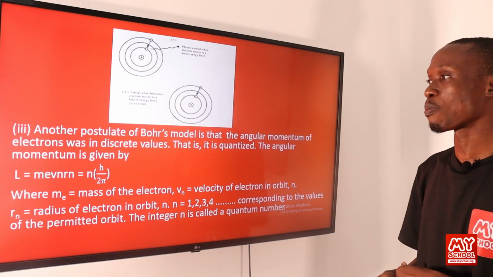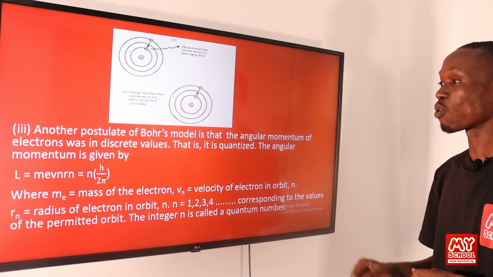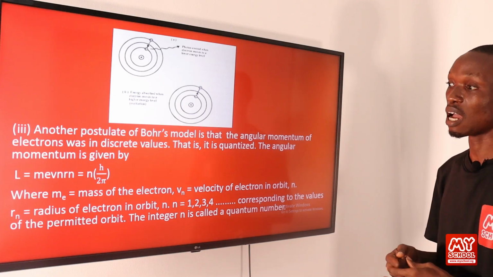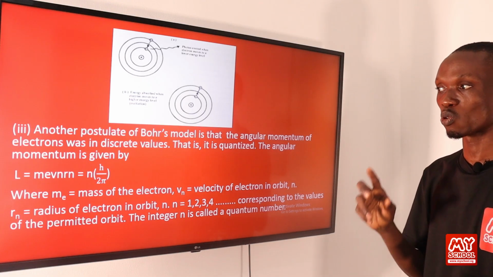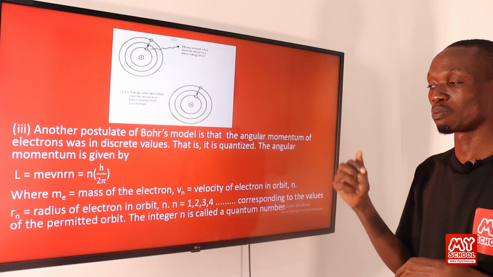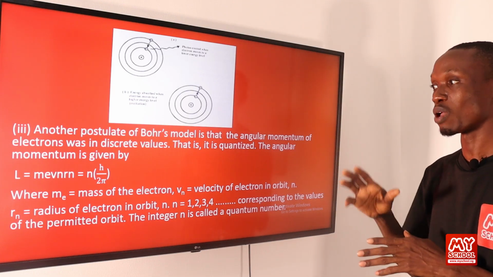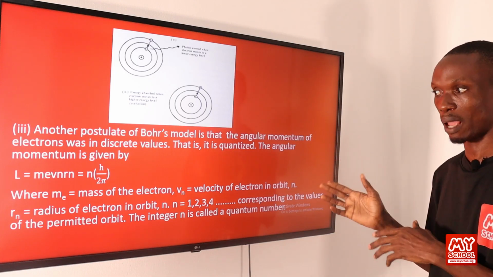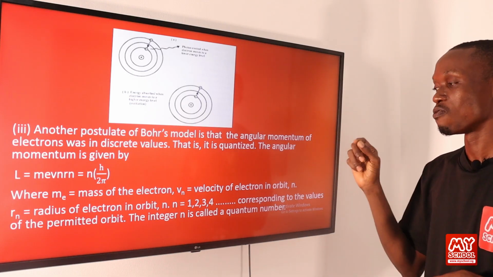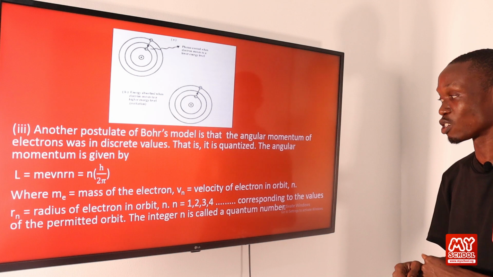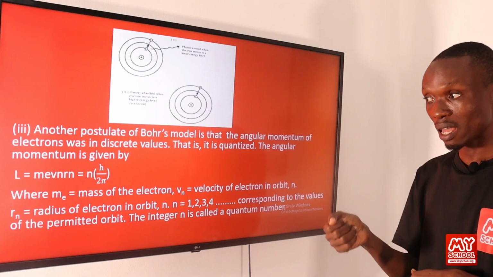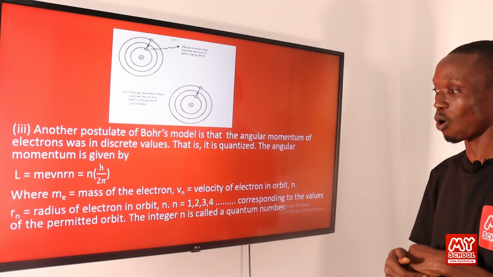So number 3, another postulate of Bohr's model is that the angular momentum of the electron is in discrete values. That is, it is quantized. The angular momentum is given by L = m_e v_n r_n, and this is equal to n(h/2π), where m_e is the mass of the electron, v_n is the velocity of the electron in orbit n, while r_n is the radius of the electron in orbit n.